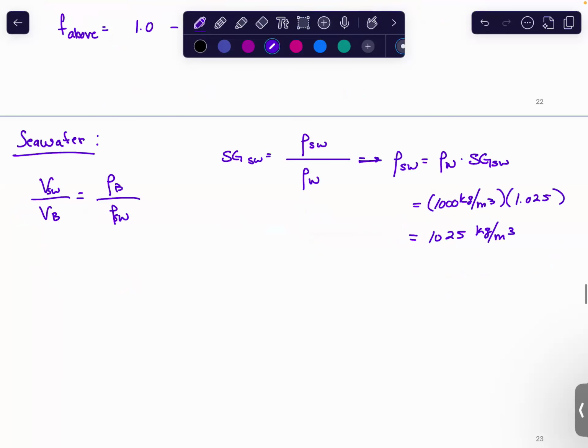All right, so the fraction submerged, density of the body over the density of seawater, and we are going to get 0.956. So that's the amount of the body that's submerged in the salt water.